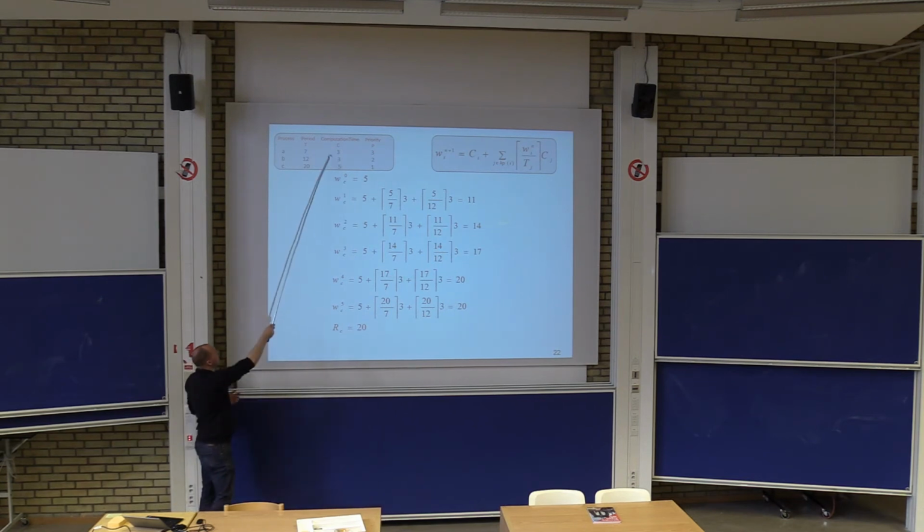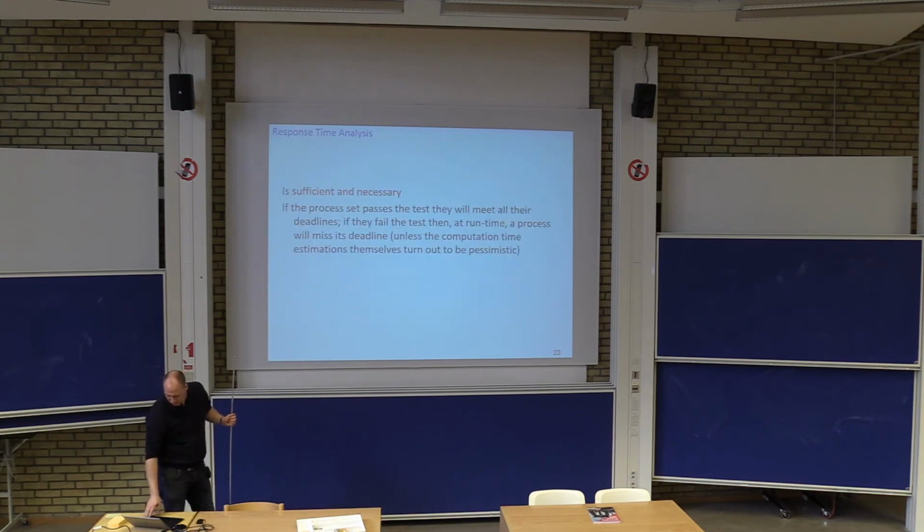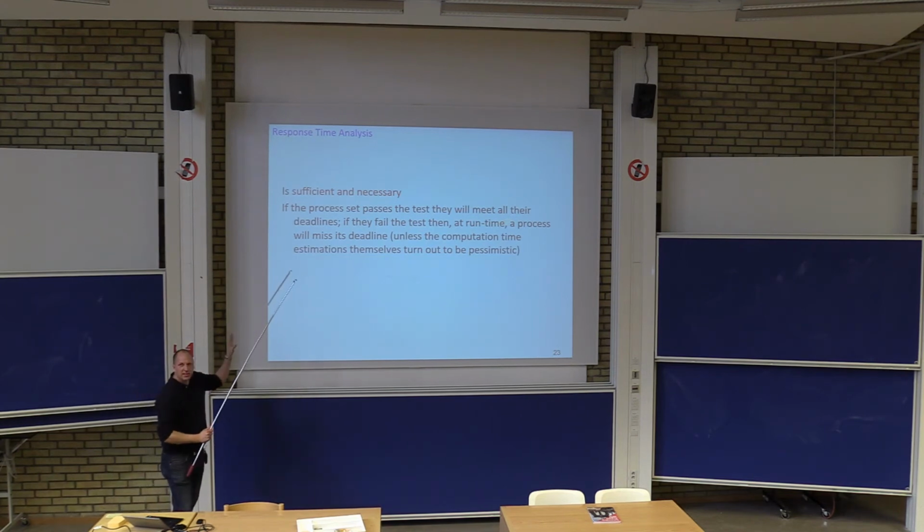But if the actual time is lower than this, you might or might not meet the deadlines. Okay, since this is an exact analysis, you can do this for any deadline, which is fine.